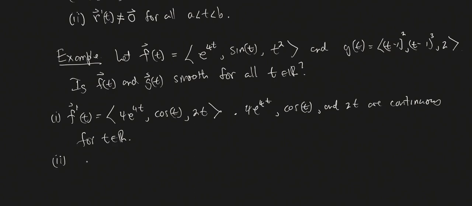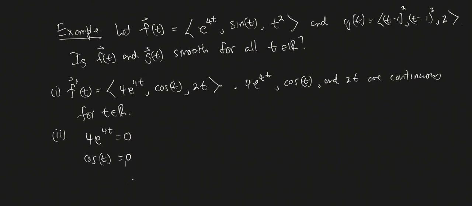What it's asking is, if you were to set each component equal to zero, because that's how you would form the zero vector, each component would have to be equal to zero. If you had a single value of t that would satisfy all three equations, then we would say that the vector function is not smooth at that value of t.